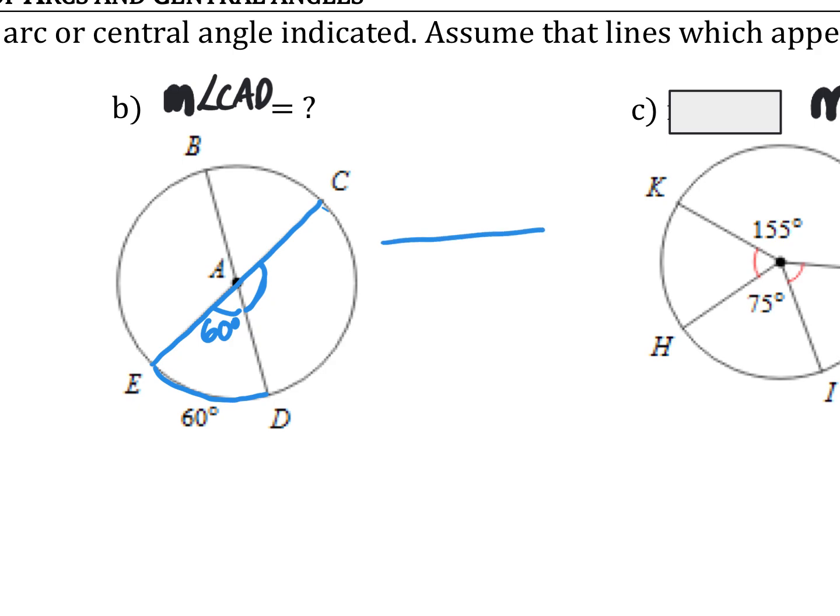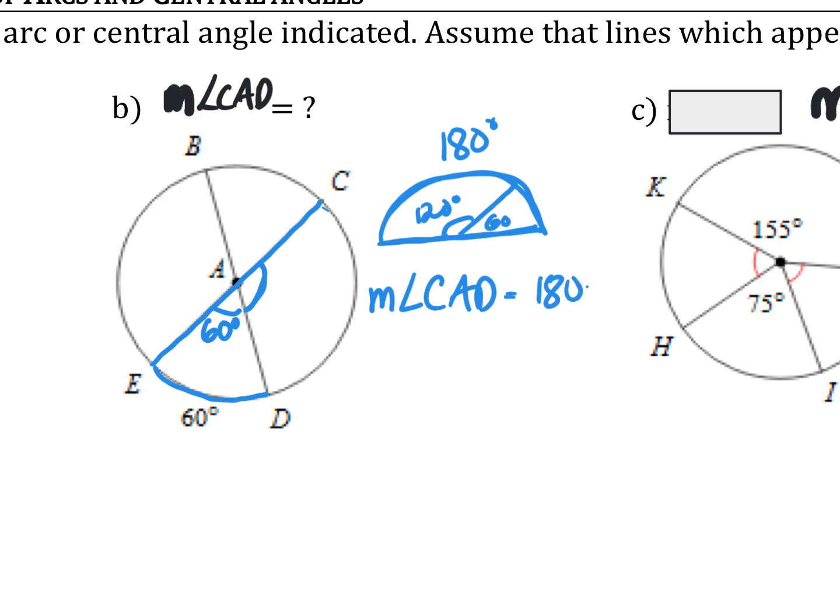So the whole of this is a total of 180 degrees. It's going to give me 120 by logic: 180 minus 60 gives me 120. So the measurement of angle CAD is 180 minus 60, which is 120 degrees.